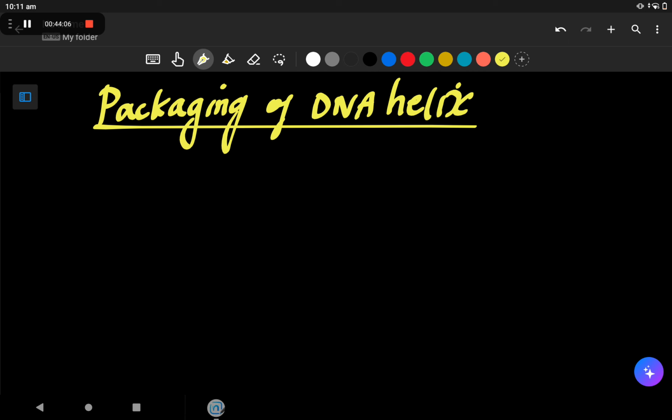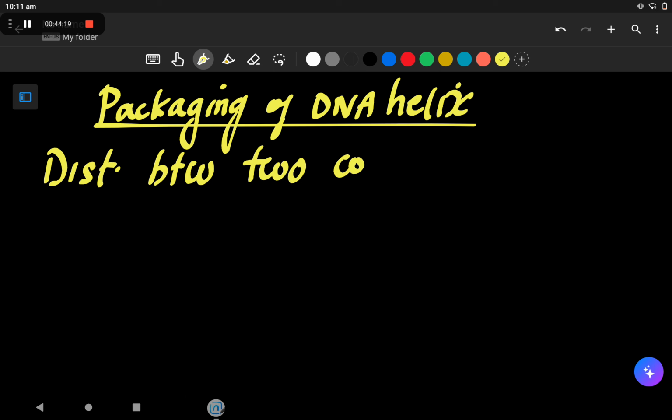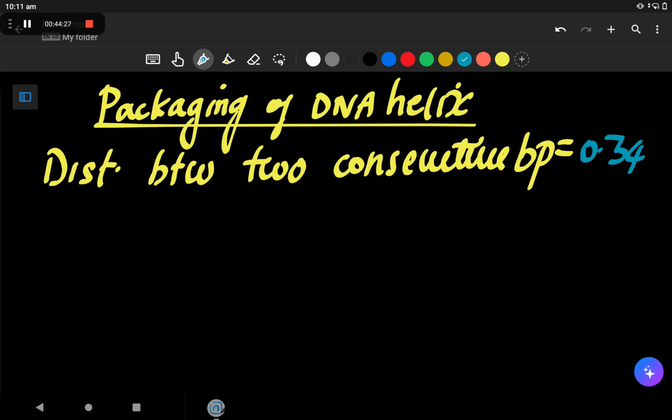Now let's get into the concept of packaging of the DNA helix. We know the distance between two consecutive base pairs equals 0.34 nanometer, or I can also write this as 0.34 into 10 to the power of minus 9 meter.